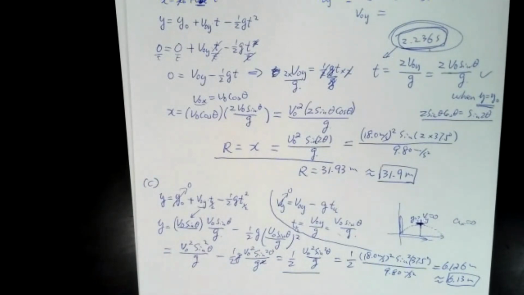Any questions you might have? Yeah, just to double check. When you're at v0 squared sine squared theta over g minus 1/2 of it, you're just subtracting half, so you're just getting half. Is that right? Yes.